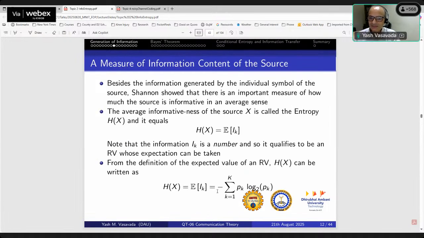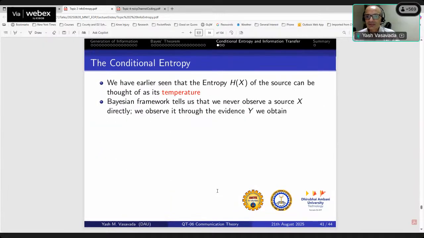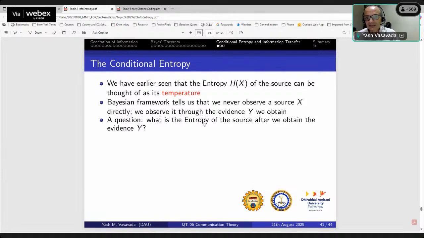There is this formula. And then there is the notion of conditional entropy that we should consider. The entropy H of X of a source is analogous to the temperature of the source. Then the question is, what is the entropy of the source after we obtain the output of the channel Y?